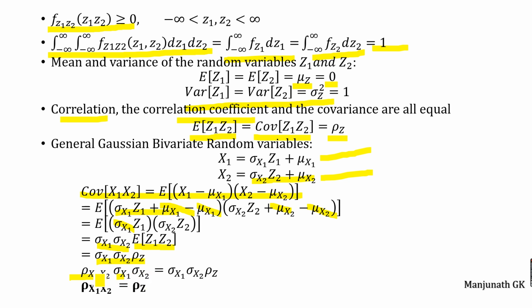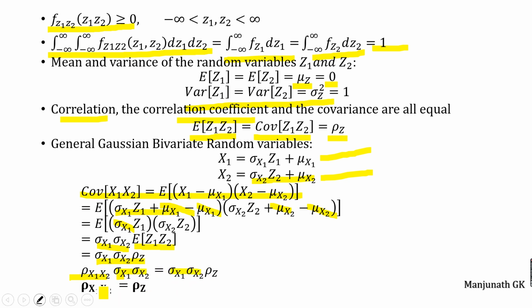This is the definition of a correlation coefficient. Correlation coefficient is the ratio of the covariance of x1 and x2 divided by the standard deviations of x1 and x2, so it can be replaced by the multiplication of the correlation coefficient and standard deviations, and these two terms can be cancelled.